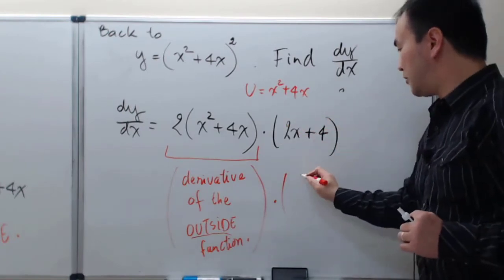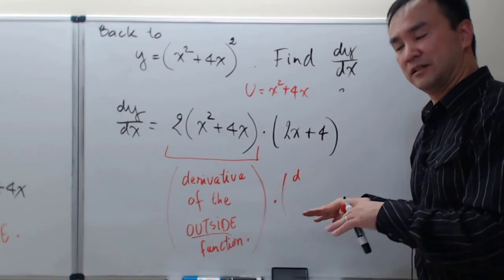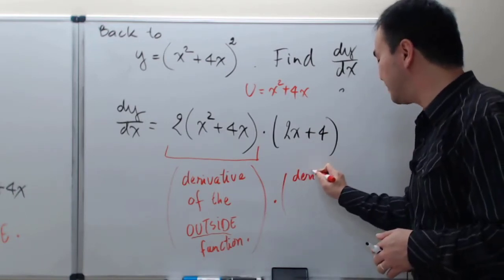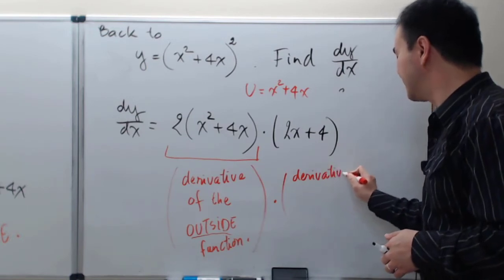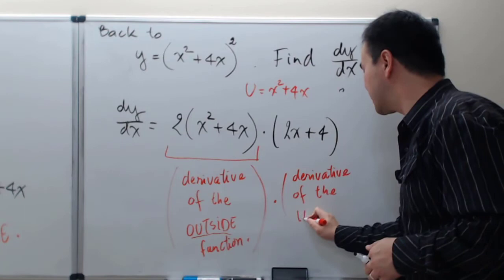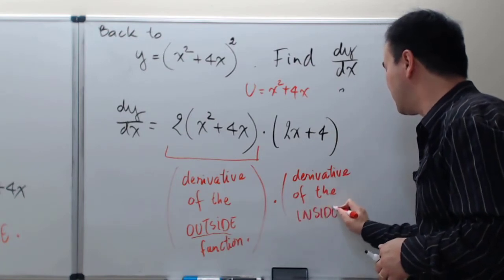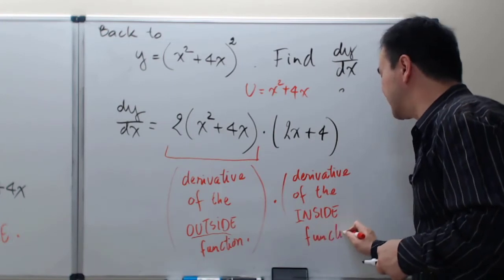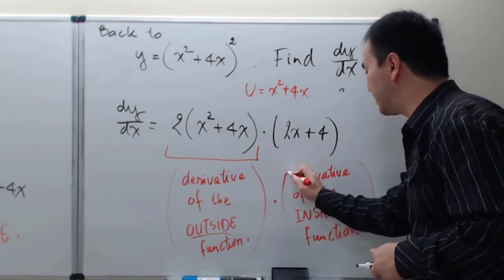So 2x plus 4 is often in verbal terms regarded as the derivative of the inside function. And that's another way to get a hang of the chain rule.